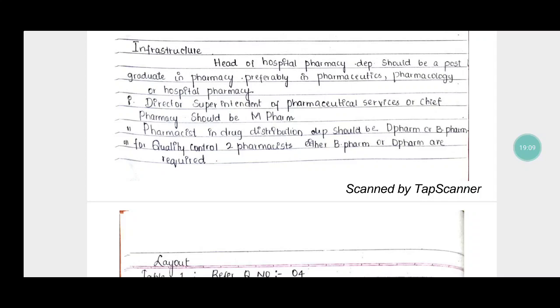The director of pharmaceutical services or chief pharmacist should be an M.Pharm. The pharmacist in the drug distribution department should have a diploma in pharmacy or a bachelor's of pharmacy, whereas for quality control there will be 2 pharmacists in the department, with B.Pharm or D.Pharm required.